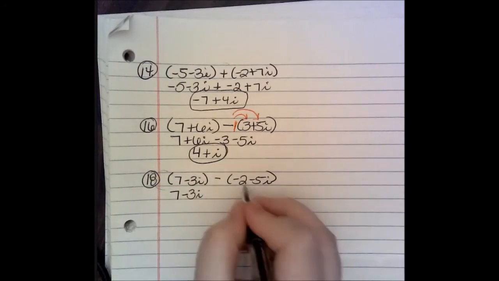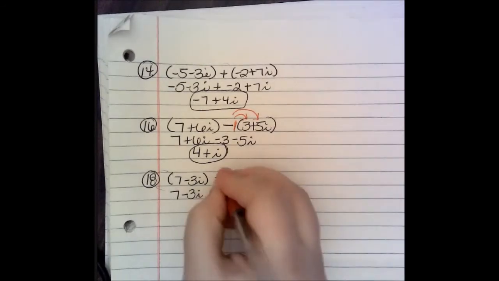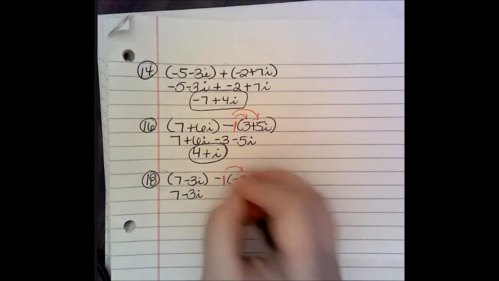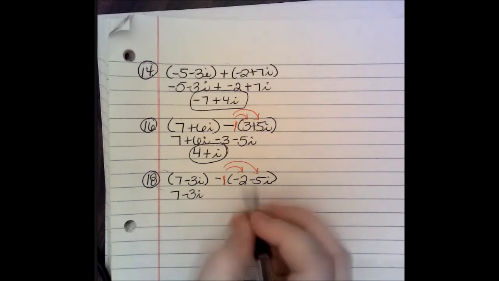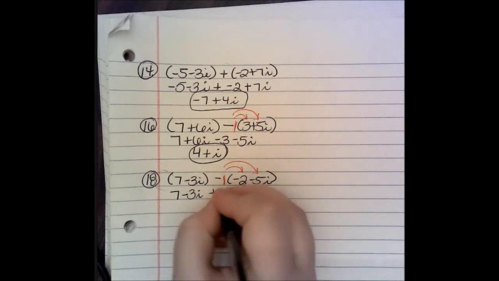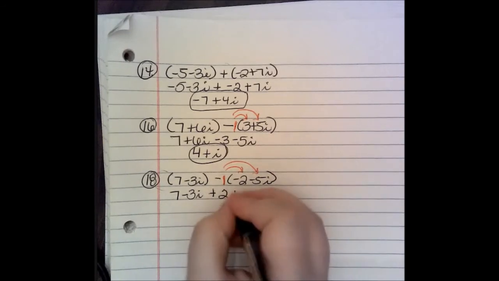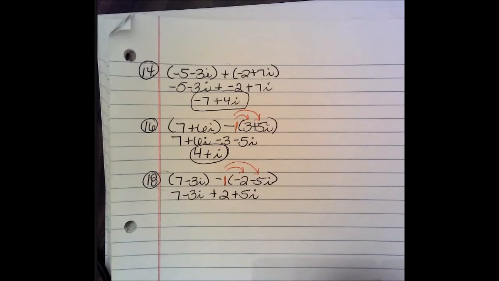We can't combine these two terms, but there is a -1 multiplying out in front. So we'll have to distribute. So -1 times -2 is a +2. -1 times -5i is a +5i.